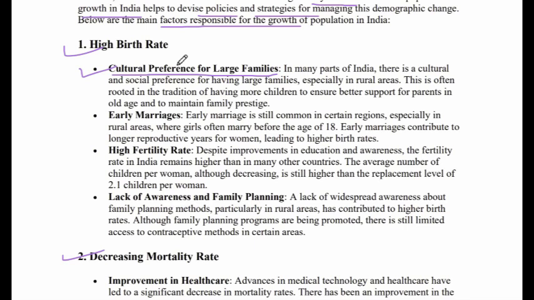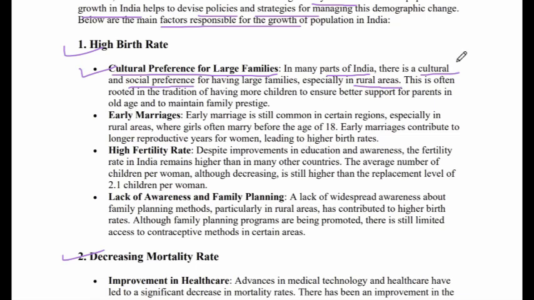They want siblings for them also, and they have also grown up in larger families, so they prefer more children. In many parts of India, it is in their culture, and social preferences are also there because of societal pressure to have large families. This is especially observed in villages or rural areas.